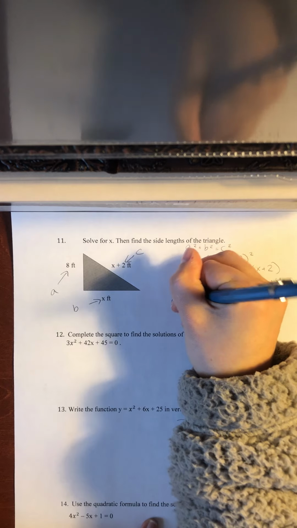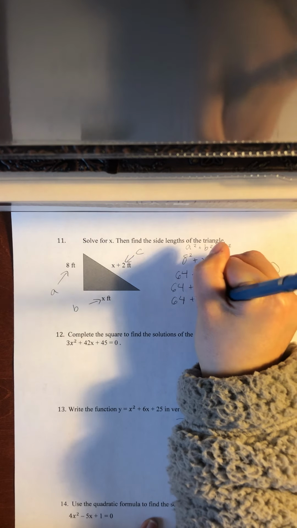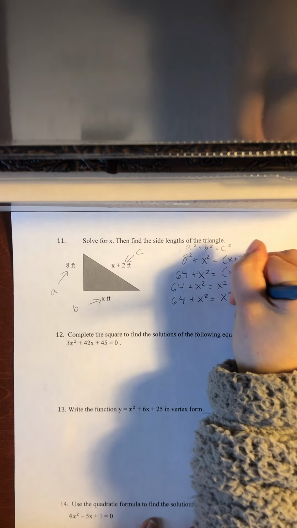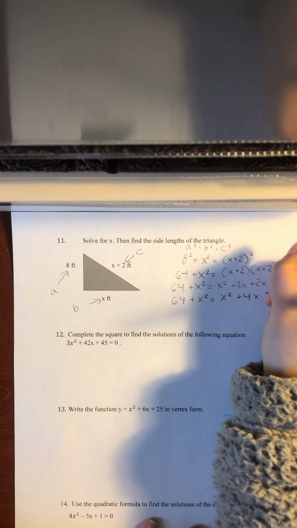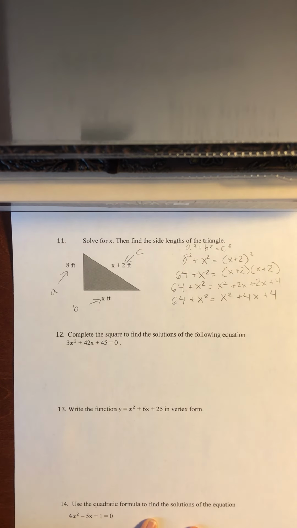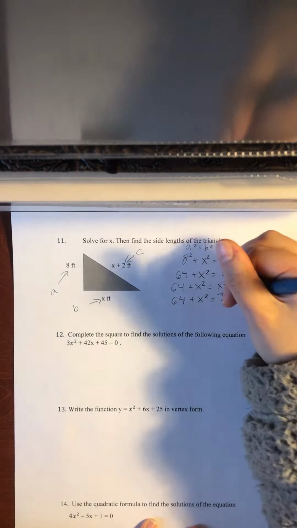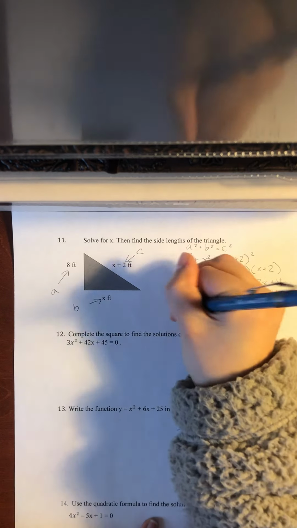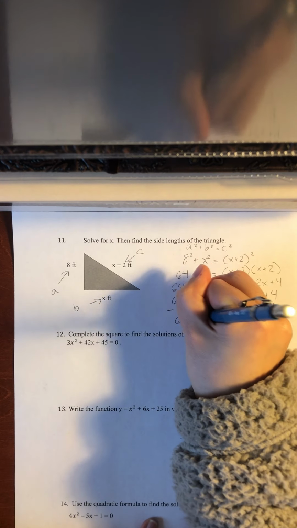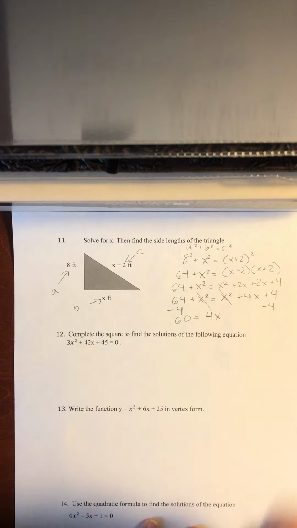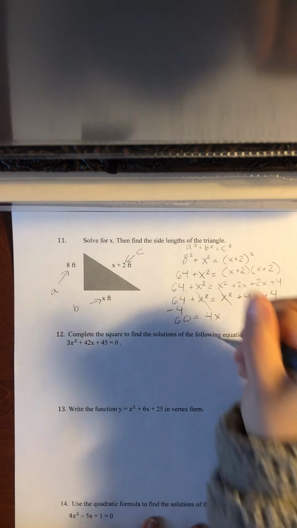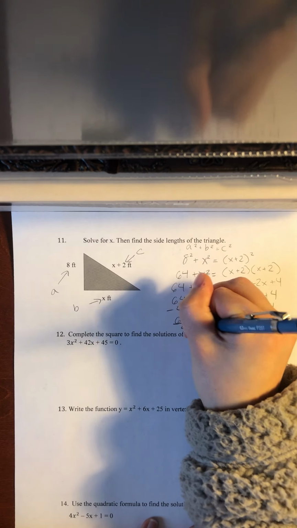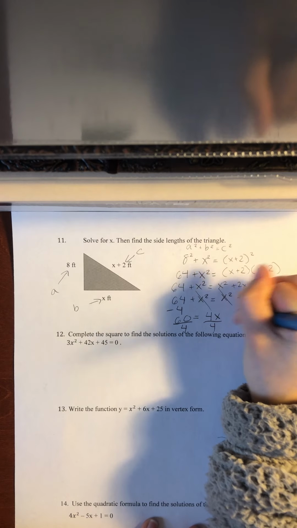So now we have 64 plus x squared equals x squared plus 4x plus 4. These x squareds are going to cancel out with each other. And I can subtract 4 over here. So now we have 60 equals 4x. Divide by 4, x equals 15.